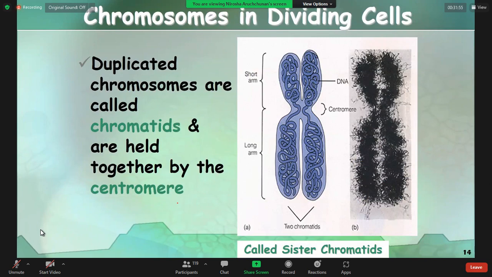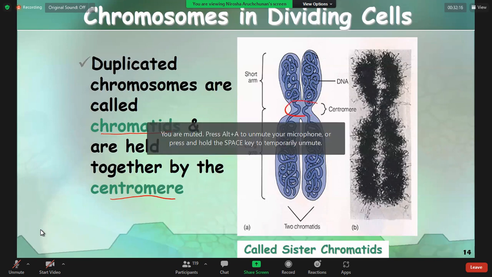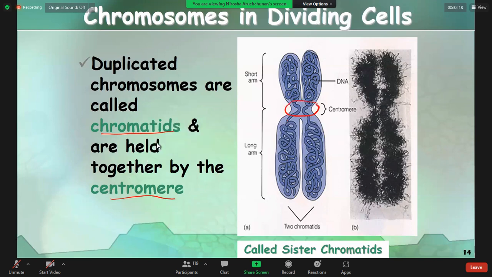Duplicated chromosomes are called chromatids, and they are held together by a structure called the centromere. Centromere, we already discussed. This area is known as the centromere.